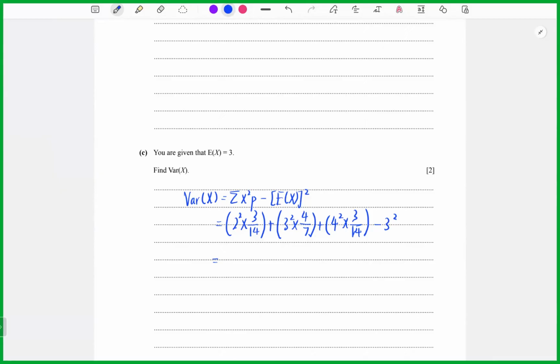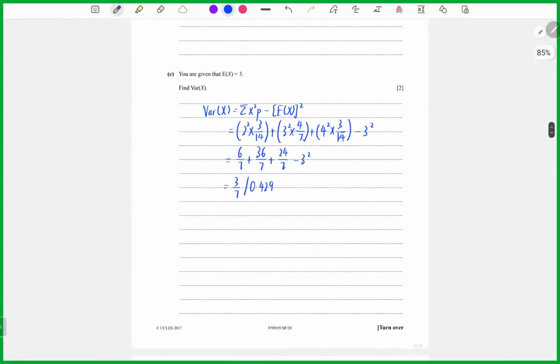Okay, so I will get the answer. Here is 6 over 7 plus 36 over 7 plus 24 over 7 minus 3 squared. So the last, I will get 3 over 7, or you can write in decimal, 0.429. Make sure it is 3 significant figures.